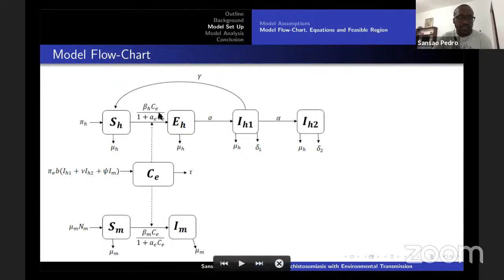And then, as I said, we have here the force of infection, which is of Holling type 2, which is very common when we do this kind of modeling where we include animals, and also where we have environmental transmission, where at large numbers of infective individuals, the infection will tend to stabilize or saturate.